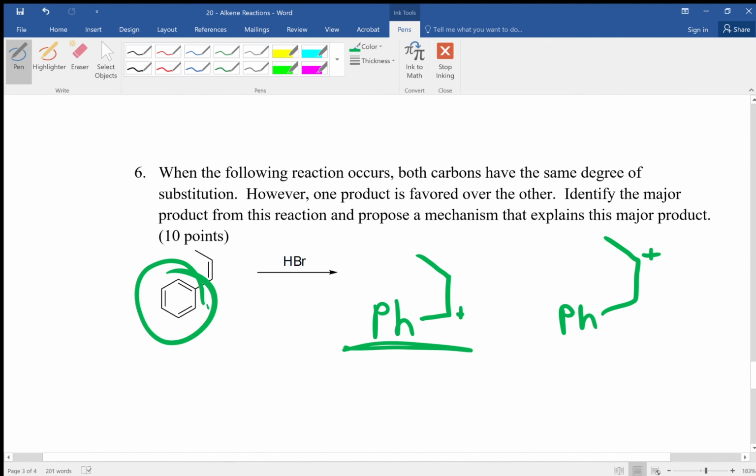The one over here on the right is too far away from the aromatic ring to get any resonance stabilization. So it's less stable, it's not going to form as easily. The one on the left is much more stable, and so that's the carbocation that will form and lead to the product that we have drawn.